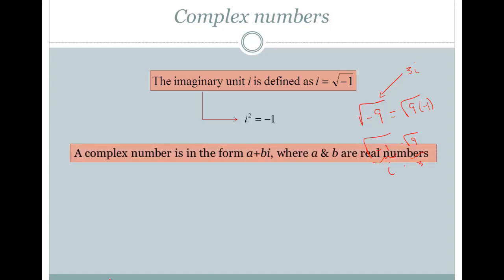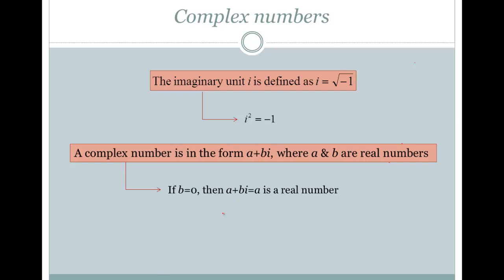And we talk about complex numbers now. When we talk about complex numbers, we want to talk about a number in the form a plus bi, where a and b are both real numbers, and if b is equal to 0, then obviously I'm just left with a real number a.